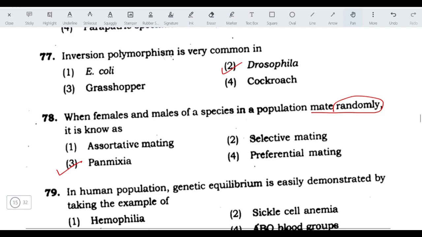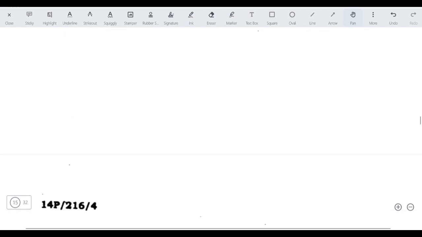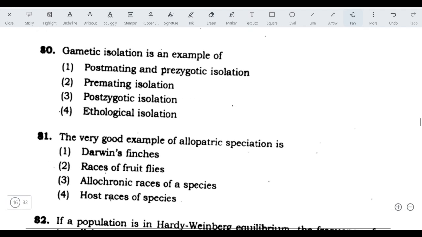Next, in human population, genetic equilibrium is demonstrated by taking the example of ABO blood group system. Next question, gametic isolation is an example of. The answer is post-mating pre-zygotic isolation. Pre-zygotic means the gametes of different species are incompatible and cannot form a zygote, even if mating occurs, right?